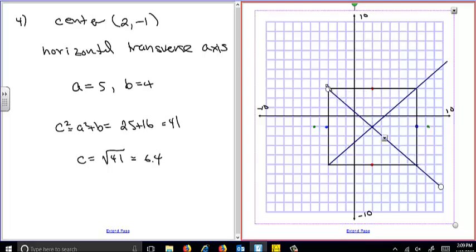We feel comfortable with that, and we'll extend them on. Because our focal points are along the horizontal axis, the hyperbola is going to go this direction, and this one's going to go that direction.